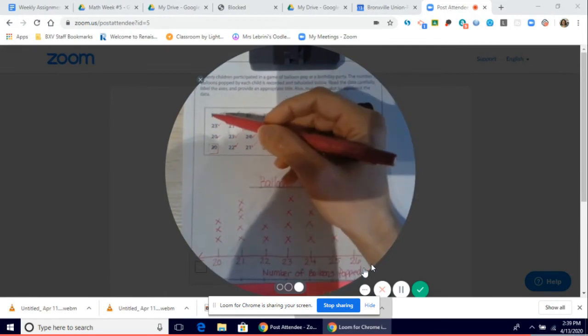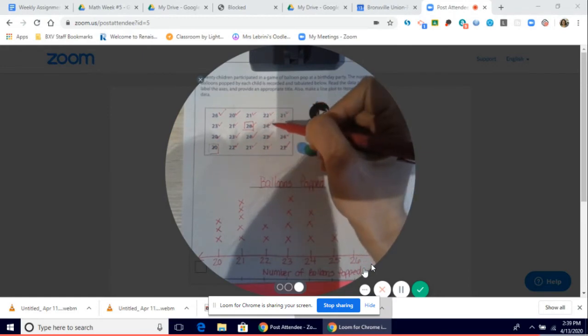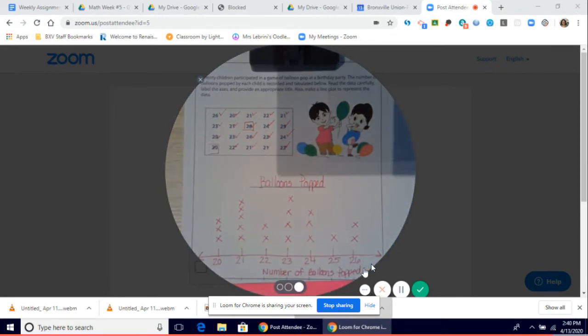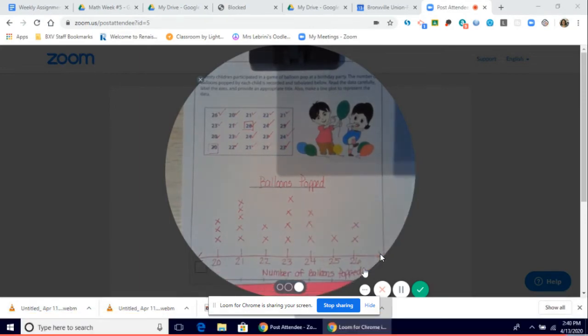And 26, we have 1, 2. Okay, and that is how you make a line plot. Again, to review, we have a title, we have our range, and then how many times each number occurred. Nice job, everyone.